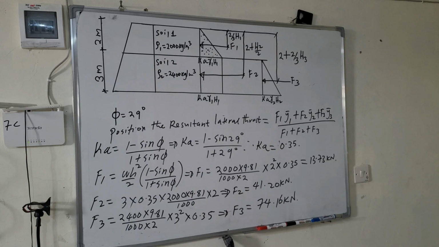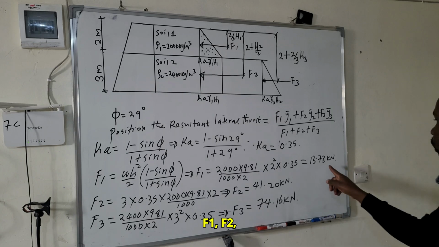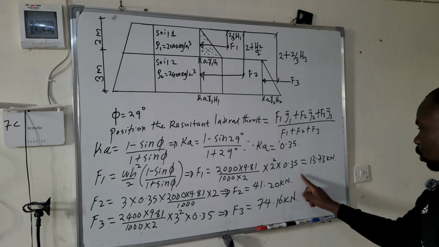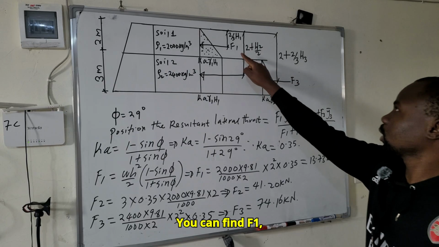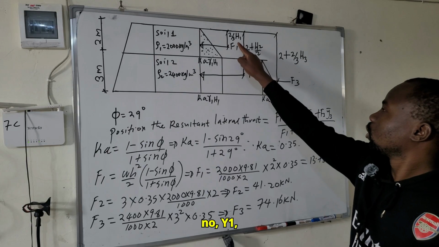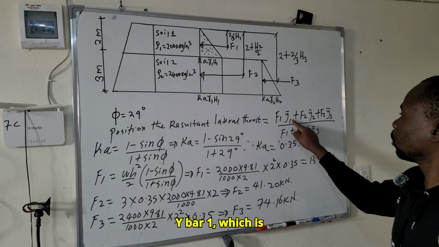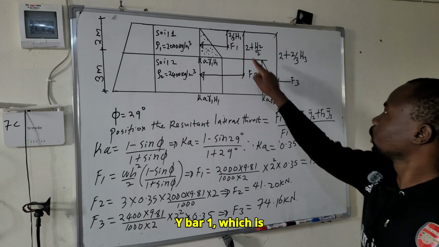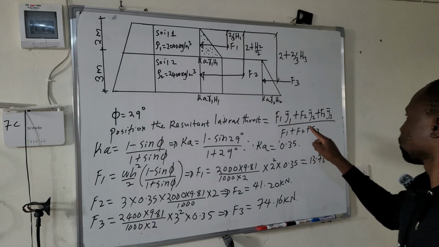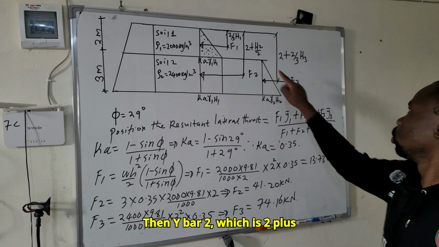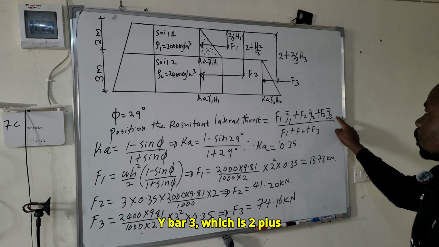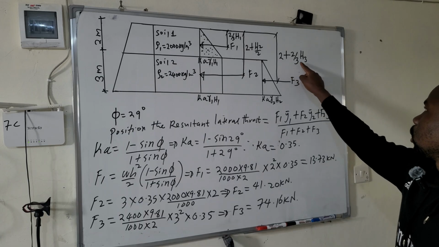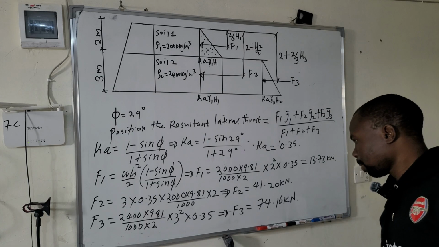As you can see, we have F1, F2, F3, and also we can find Y bar 1, which is 2 over 3 H1, then Y bar 2, which is 2 plus H2 over 2, and then Y bar 3, which is 2 plus 2 over 3 H3.